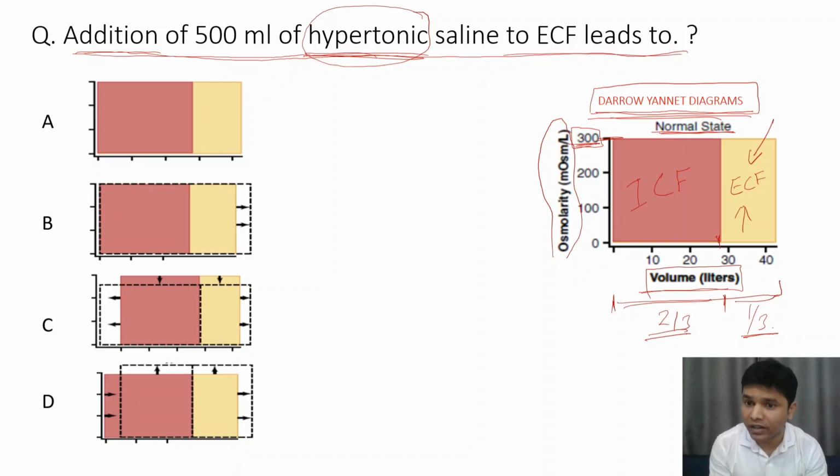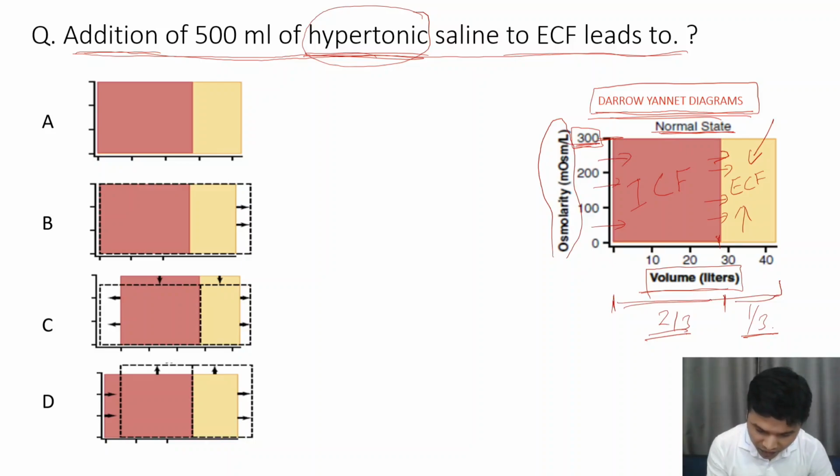Obviously tonicity will increase, so osmolarity will increase in this fluid. This increased osmolarity will drag water from the intracellular fluid. So water in the intracellular fluid will reduce, and the volume will shrink.